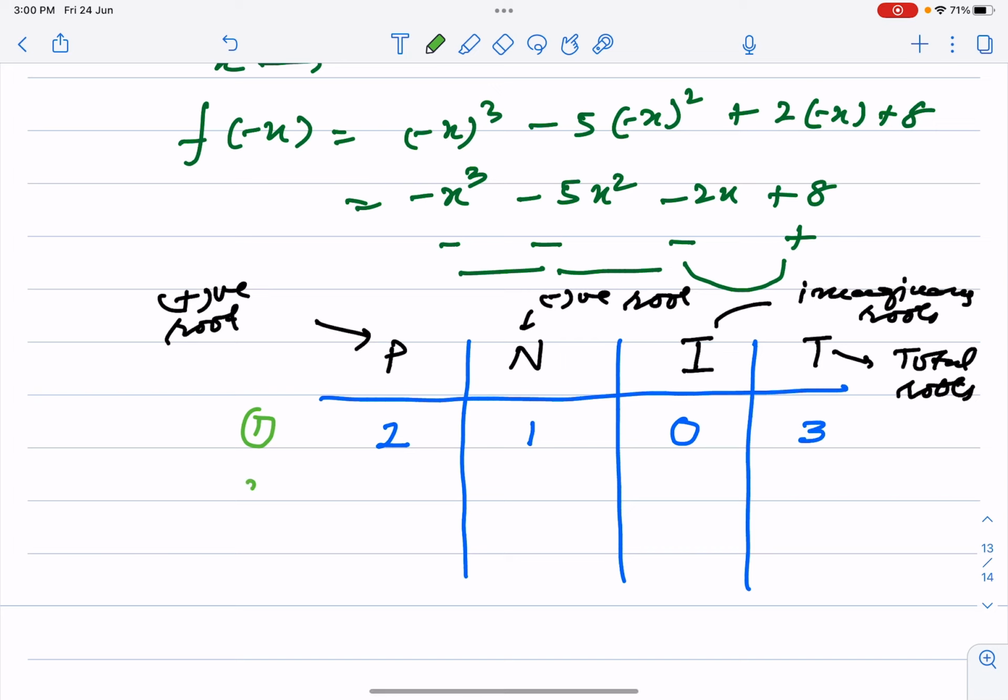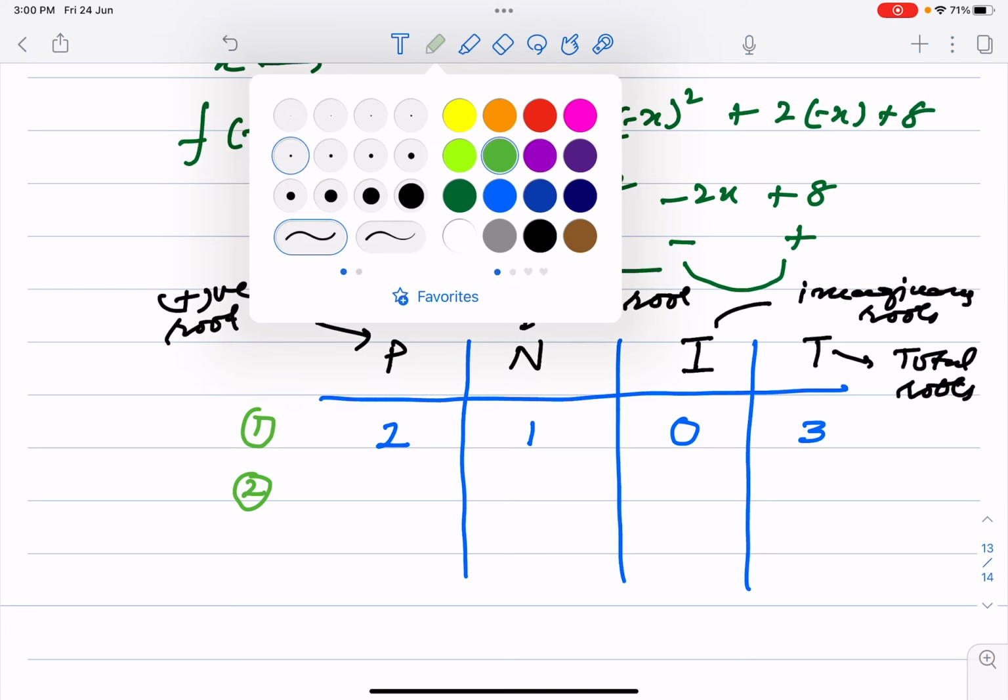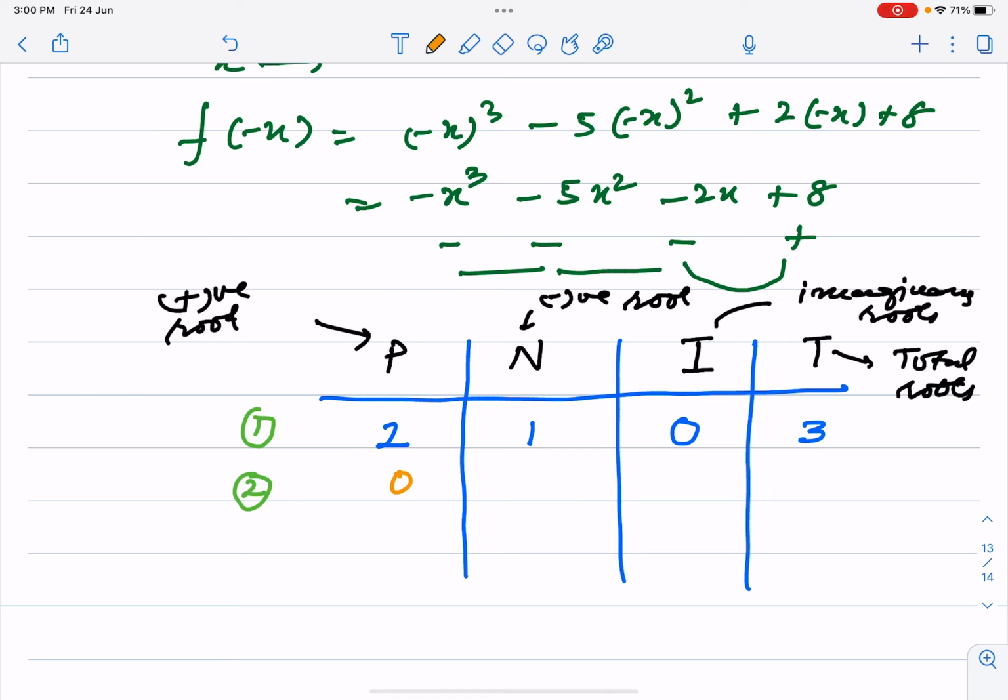Now for the second possibility, we have to subtract an even number, that is 2, from the above given numbers. So I'll subtract 2: 2 minus 2 becomes 0, and 1 minus 2 is minus 1. What does this mean? These are the numbers of roots.